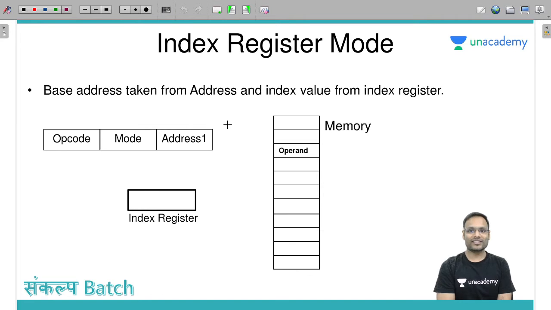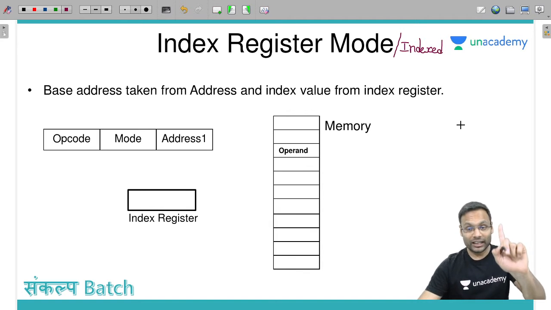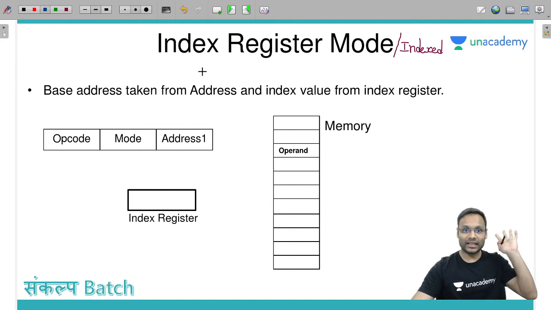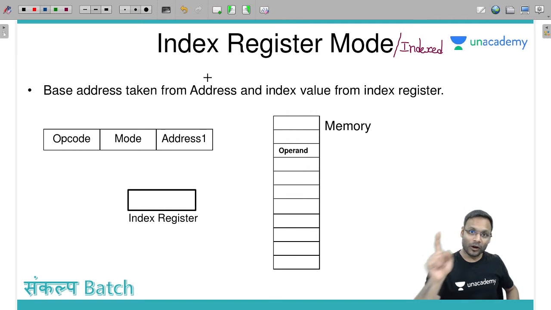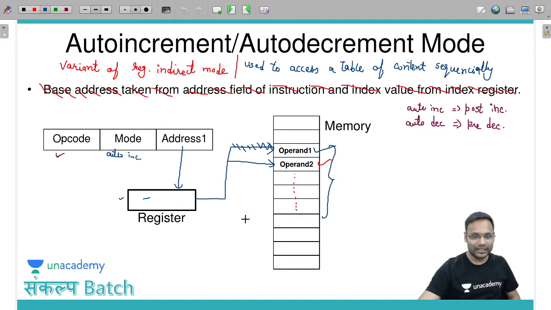Next is index register mode, or known as indexed mode. This particular mode is used to access only one array element, not all. If you want to access array elements sequentially, you can use auto increment decrement mode.